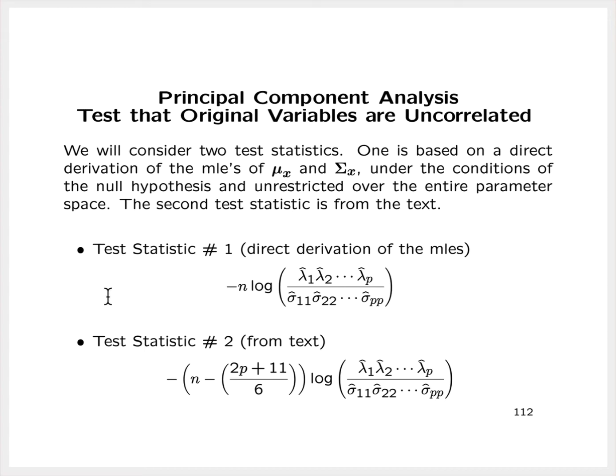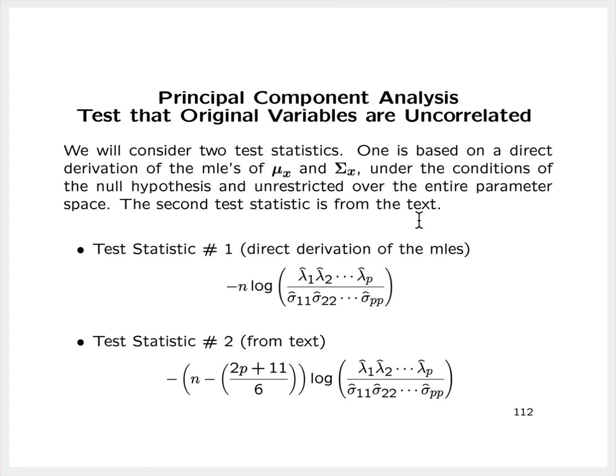I've got them listed here, test statistic 1 and test statistic 2. The first test statistic is based on a direct derivation of the maximum likelihood estimators of the mean vector, which is unknown, and the covariance matrix, which also is unknown, so they have to be estimated using maximum likelihood. So this first test statistic is based on a direct derivation of MLEs of the mean vector and the covariance matrix under the restrictions specified in the null hypothesis, and unrestricted over the entire parameter space.